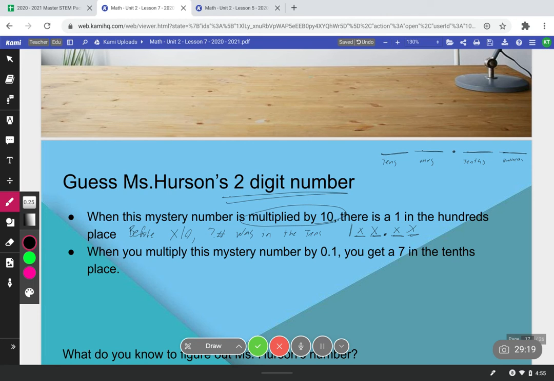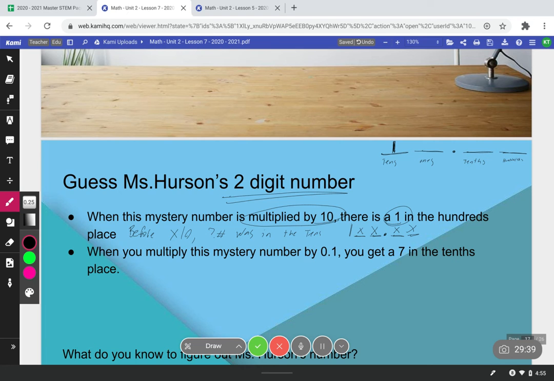So I need to find the original number. I need to put it back to where it was, which is in the tens place. So a 1 in the hundreds place, we're not changing the digit. We're just changing the place value. So it was in the tens place. So I'm going to put it right here.